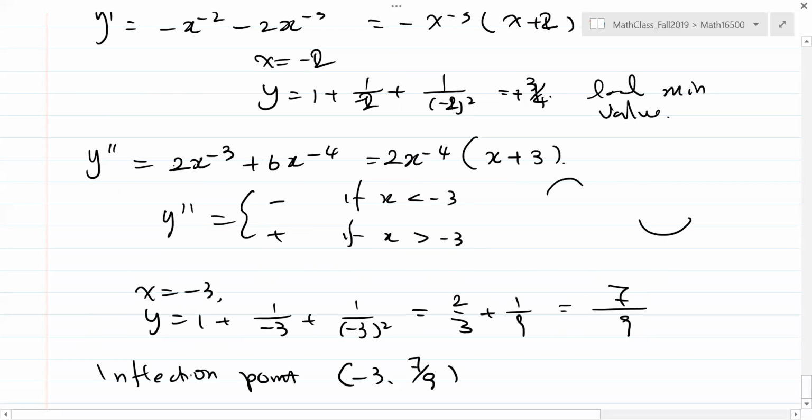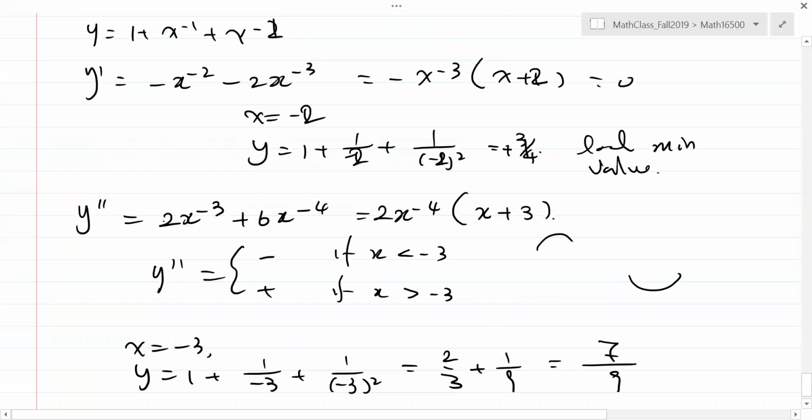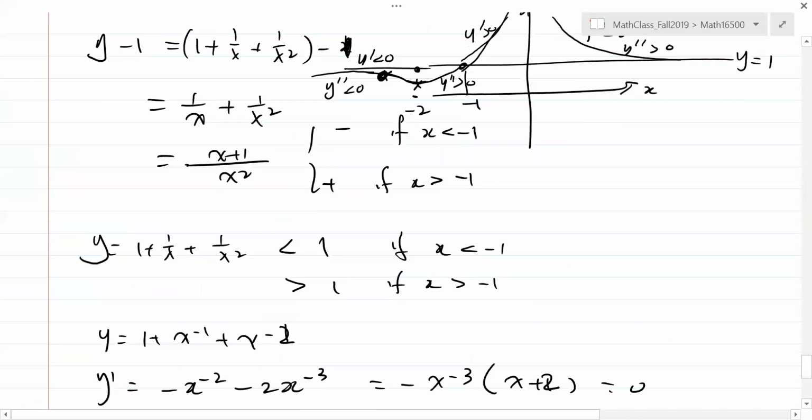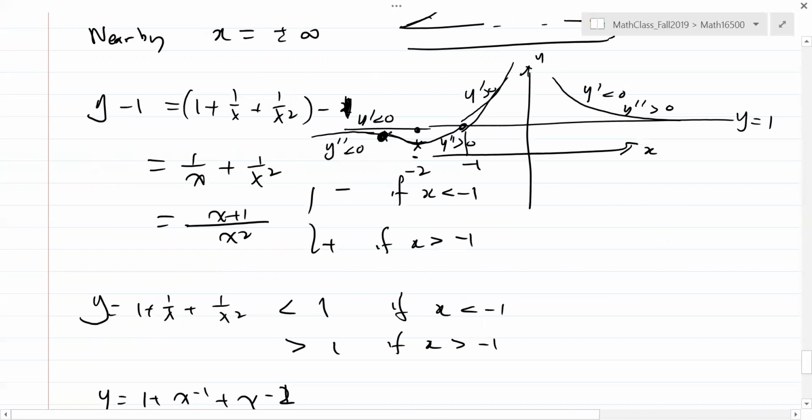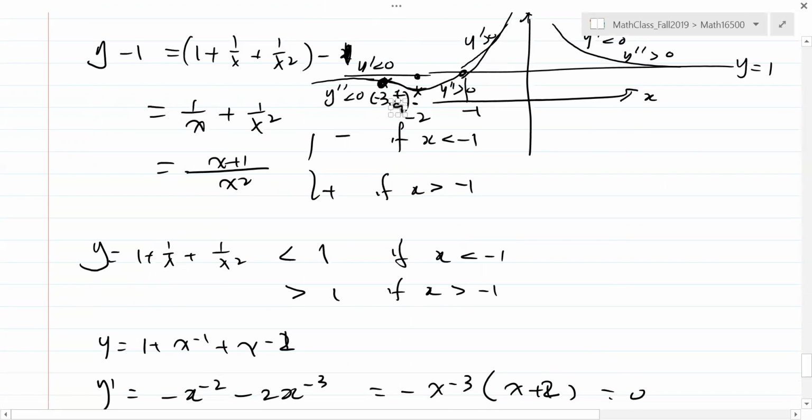Let's go back to the picture to see if this is correct. Yes, I think it's -3, 7/9. This should be higher than the absolute minimum point.